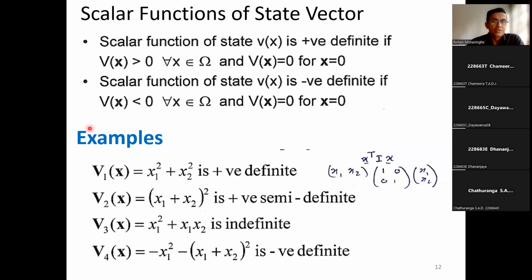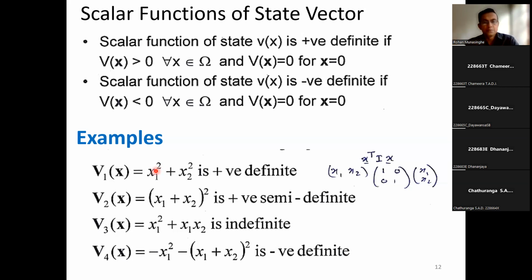Now, the examples for this energy function, or scalar function, are these. What about this one, V1x? You get the state variables x1 and x2 and do x1 square plus x2 square. It's the square of the two state variables and the summation. This is a scalar function because even though x1 and x2 combined together is a vector, now you have taken x1 square plus x2 square.